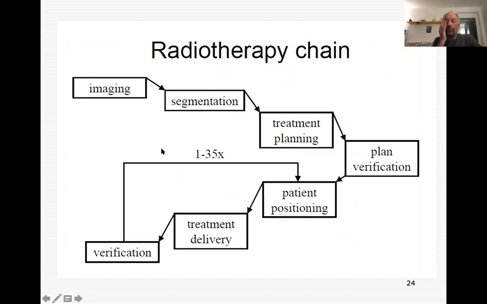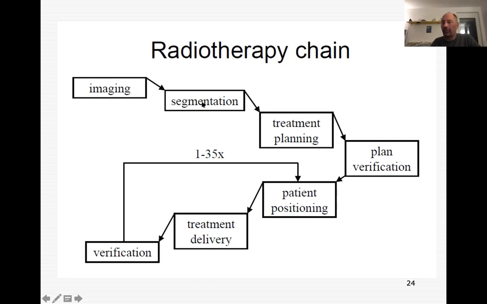So how do we do radiotherapy? This is the radiotherapy chain. So this is very important to remember. The first step is always imaging. The second step is segmentation. Then you have the treatment planning, the plan verification. So this is all without patients, except for the imaging.